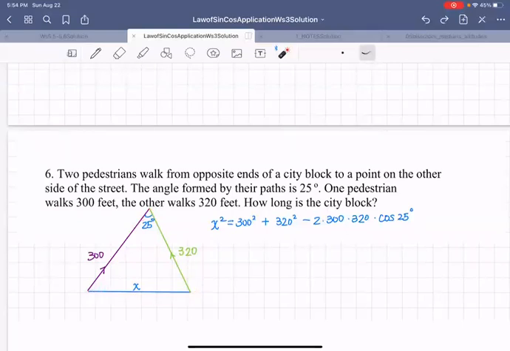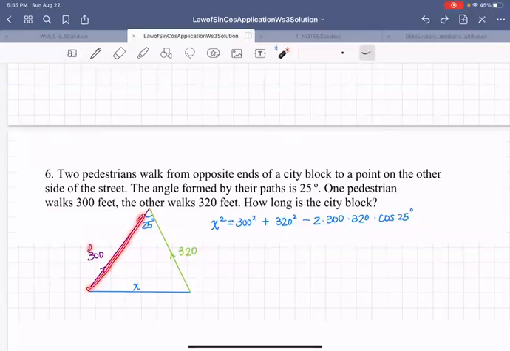You need to reach this level, where after reading one sentence you can draw a graph. Two people are walking from the opposite ends of a city block to the same location. The angle between their paths is 25.